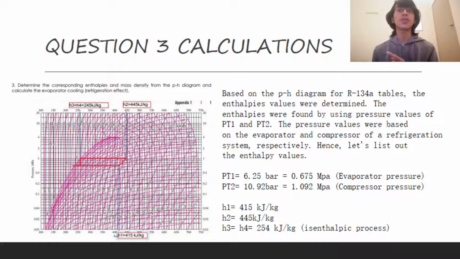From the R134A table, we can get the enthalpies for H1, H2, H3, and H4. H1 is 415 kilojoule per kilogram, and H2 is 445 kilojoule per kilogram. H3 and H4 will be the same, which is 254 kilojoule per kilogram.